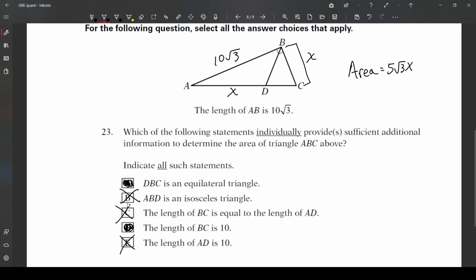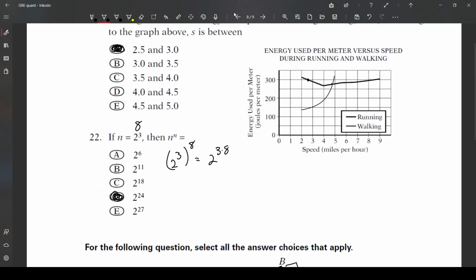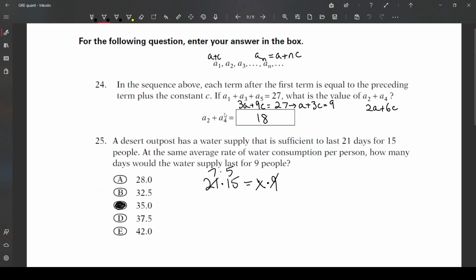So yeah, it's just A and D. All right, so that concludes it. I'm gonna pause and go over the answers, and then I'll be back after I do that.